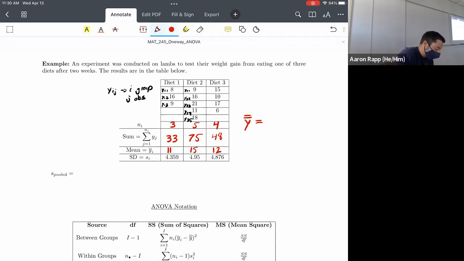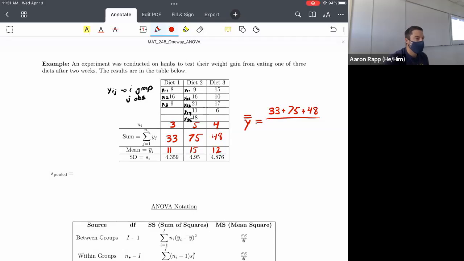Since I already have the sums of each of my diets, easiest thing for me to do is just add up those sums. So the total value of the observations from the first diet plus the sum from the observations in the second, plus the sum from the observations on the third.